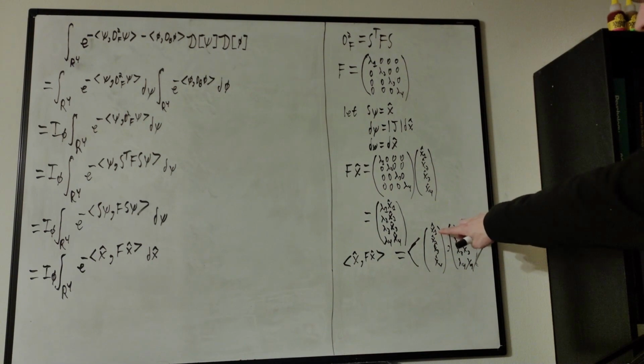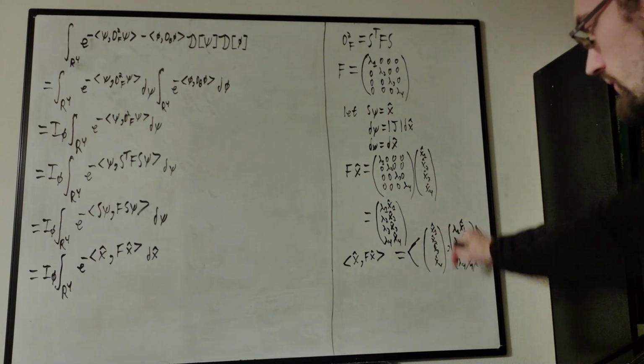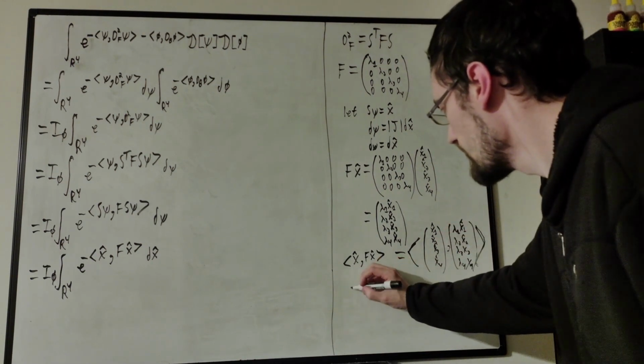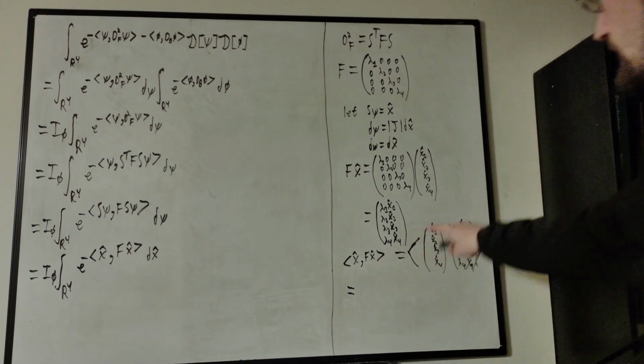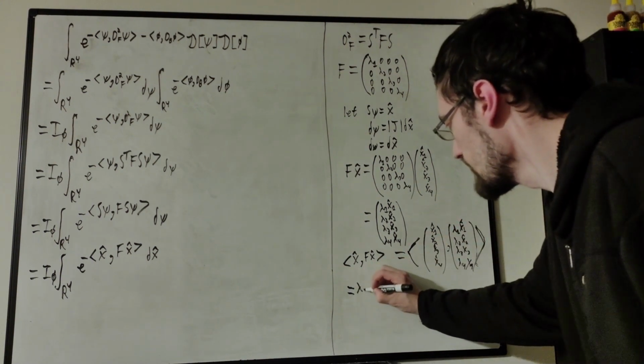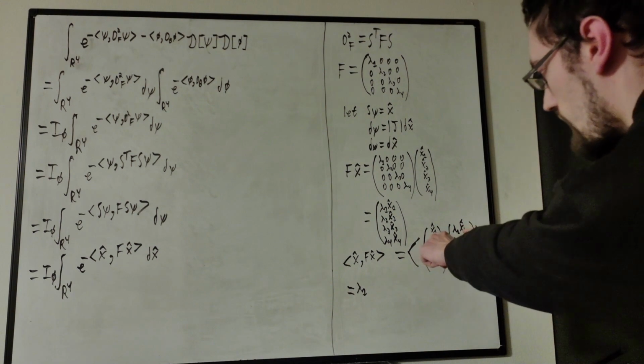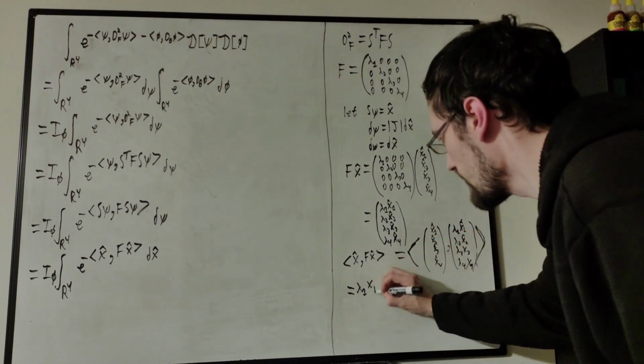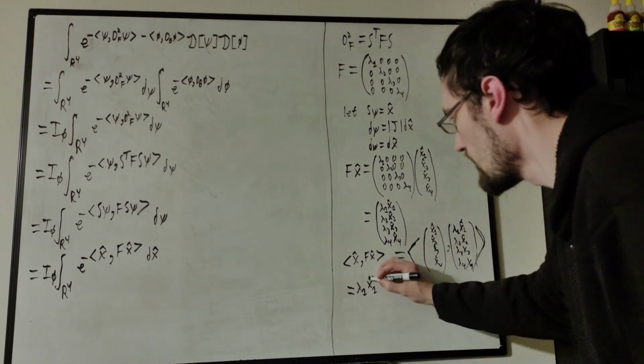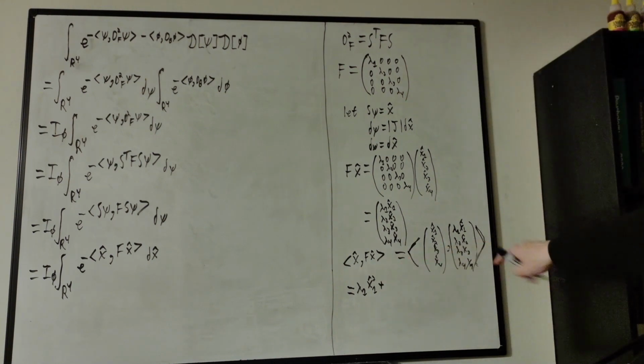We just multiply these across and then add up the sums of the products. So this whole inner product is just going to equal, well, we're going to have lambda sub 1. The x's are now going to square. So we have x sub 1 squared. And we're just going to add this up three more times now.